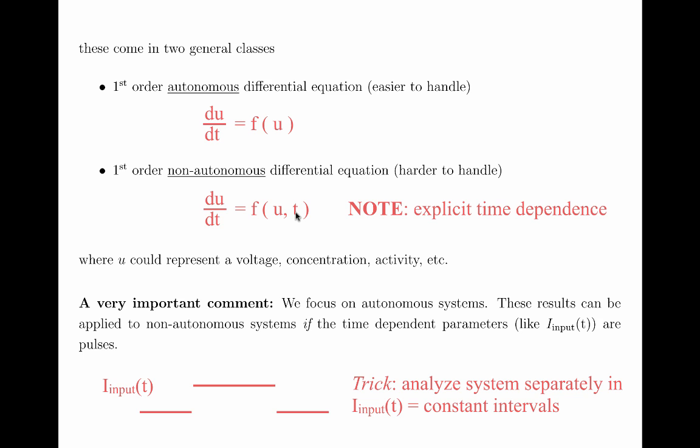Right? It's changing explicitly as a function of time. We might try to break it up into intervals where this time dependence no longer exists, and then paste those together. We might run into these types of examples, but typically we're going to again focus on autonomous systems where the right-hand side of our differential equation, this variable f, only depends on the dependent variables, not on time.